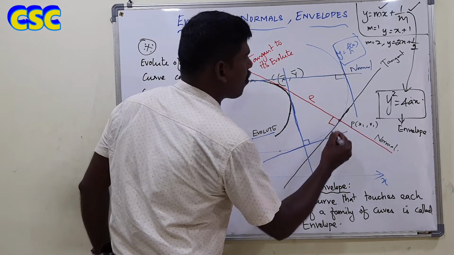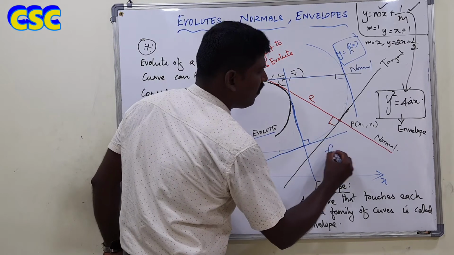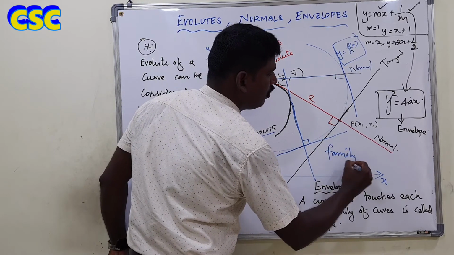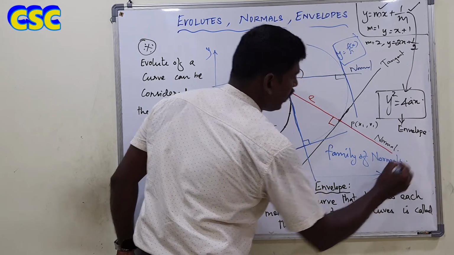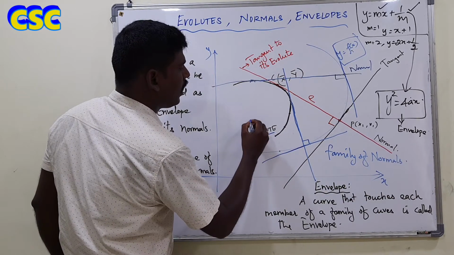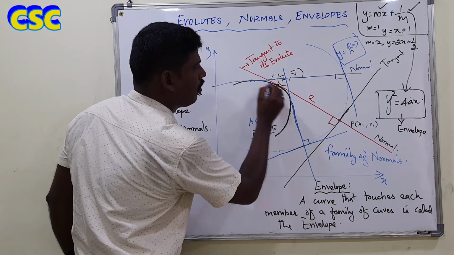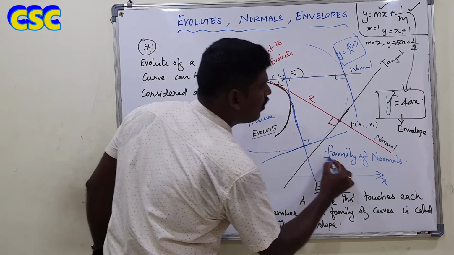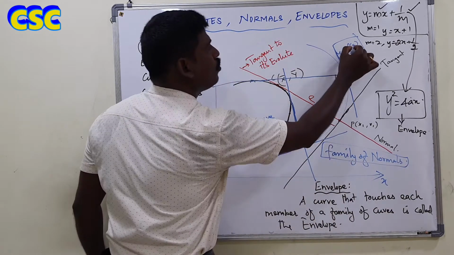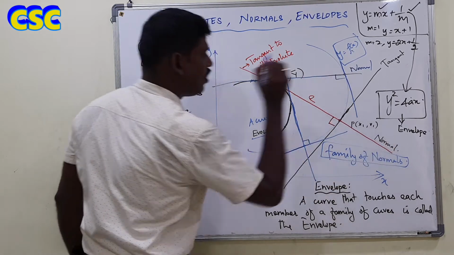Here, family of normals, isn't it? All these normals are called the family of normals. Right? So this evolute is a curve, a curve that touches every member of the family of normals to the curve, isn't it? So this curve is the envelope of this normal.